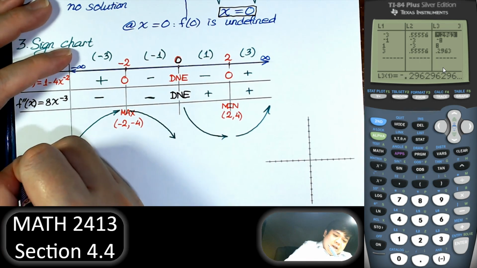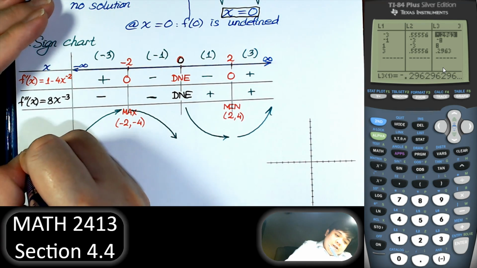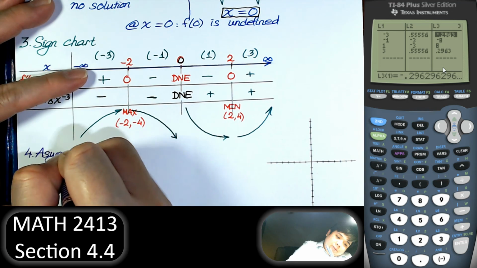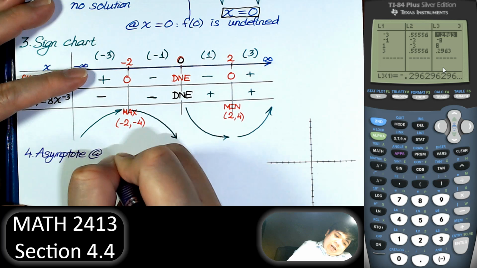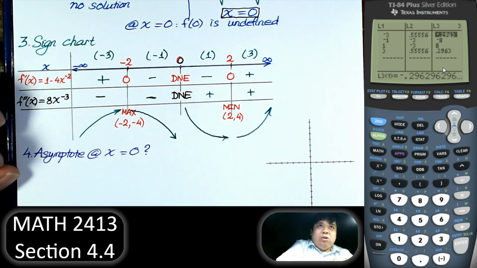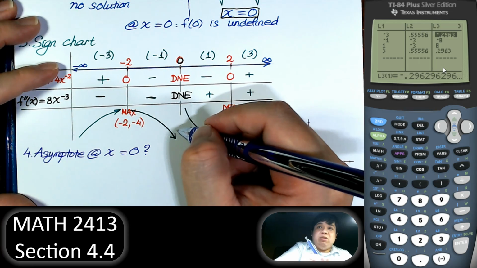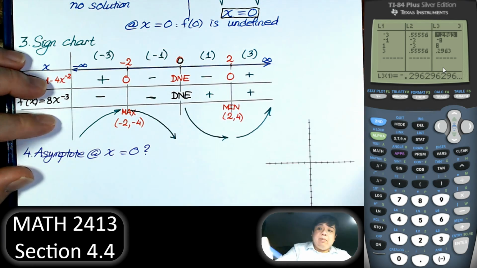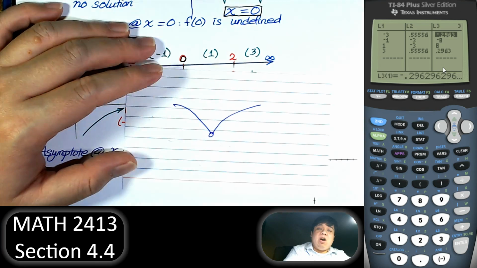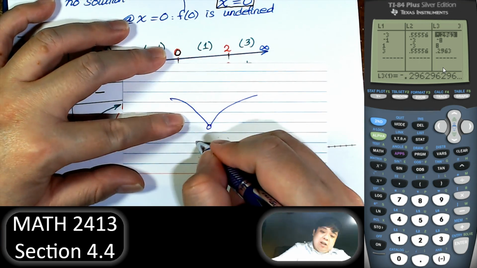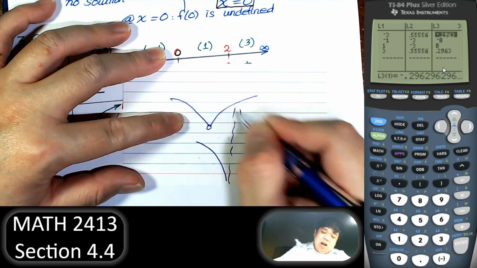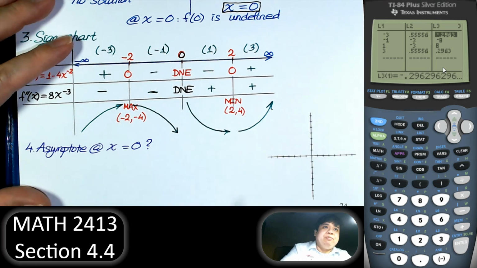So if we want to, we can test for the asymptotes, and only at x equal to 0, because we know x equal to 0 is undefined. We don't know if it is just a gap. It could be just like this when there's a gap and it's undefined, or it might be approaching the line for the vertical asymptote, so we don't know that.